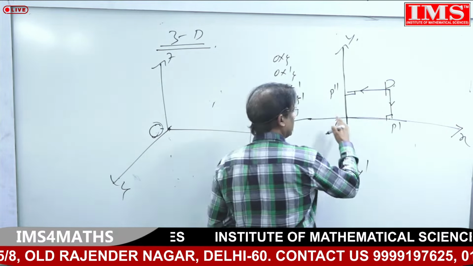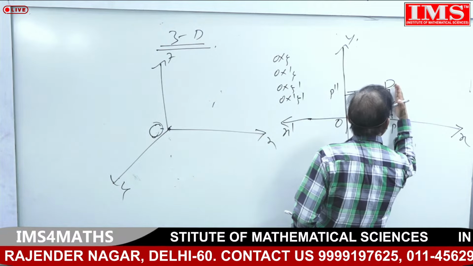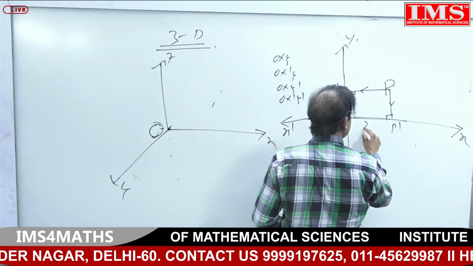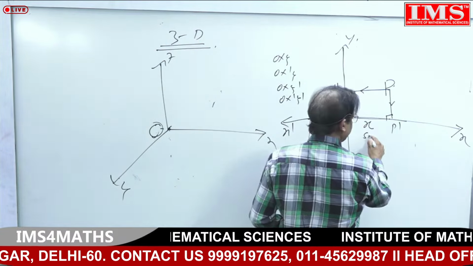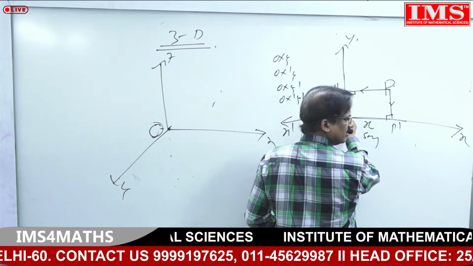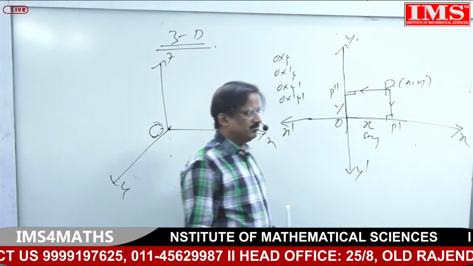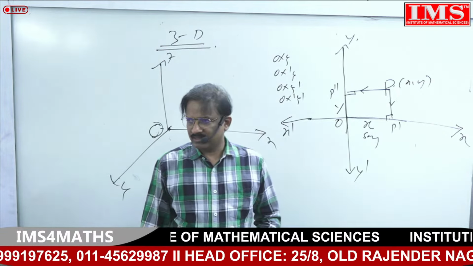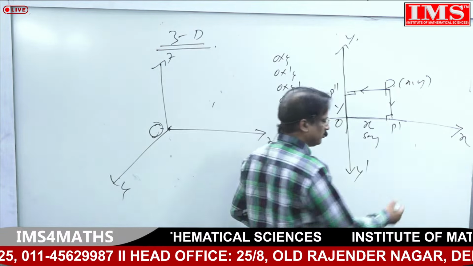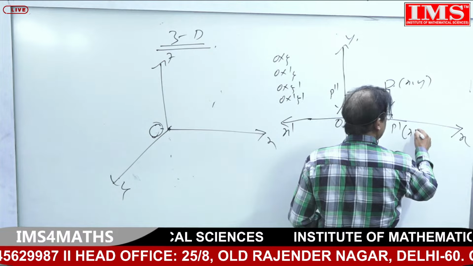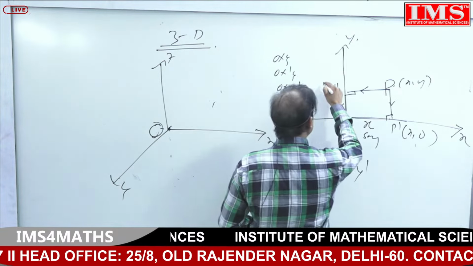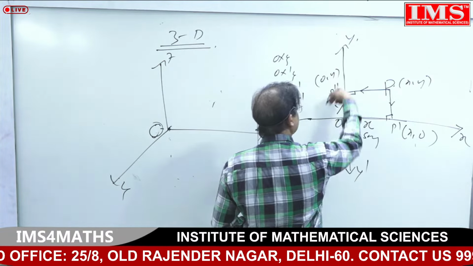And from the origin to this perpendicular, what is the length here? You assume x, say. You assume here y. And these 2 lengths will be known as the coordinates of which point? P. In the same way, you can write the coordinates of P dash. What is that? X comma 0. Here it is 0 comma y. That's what you write.